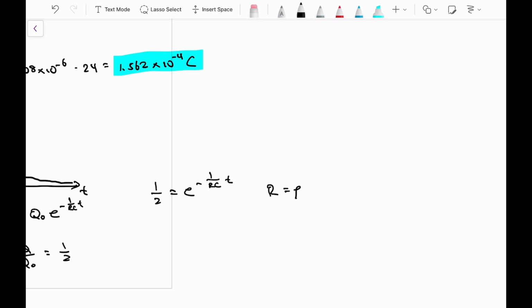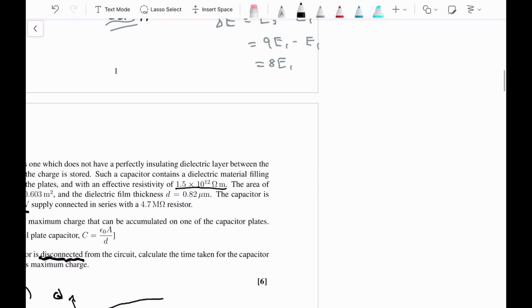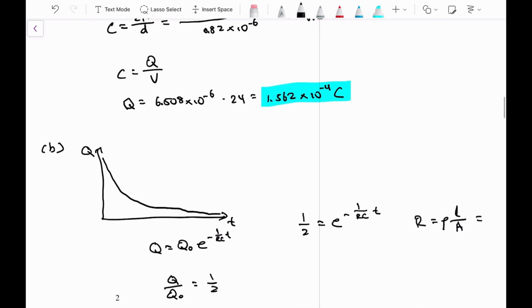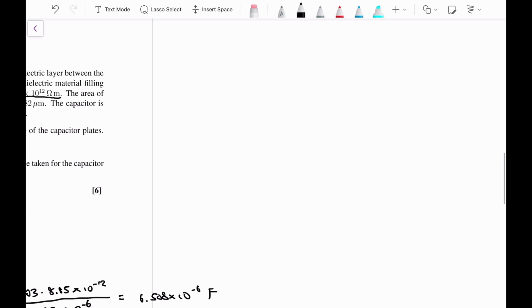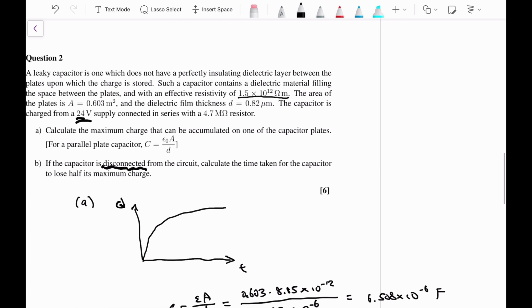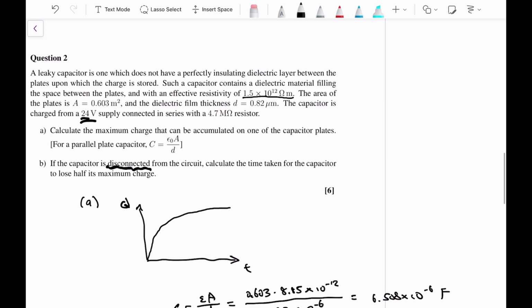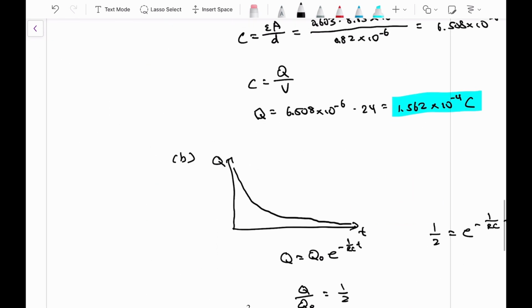That will be resistivity times L over A. The resistivity is 1.5 times 10 to the 12.